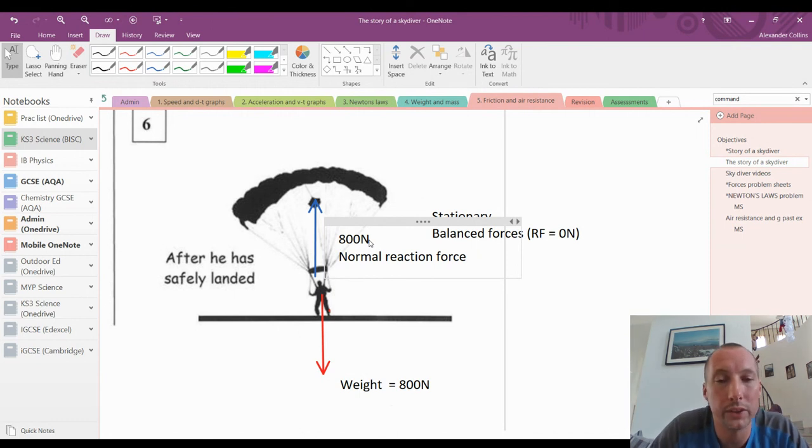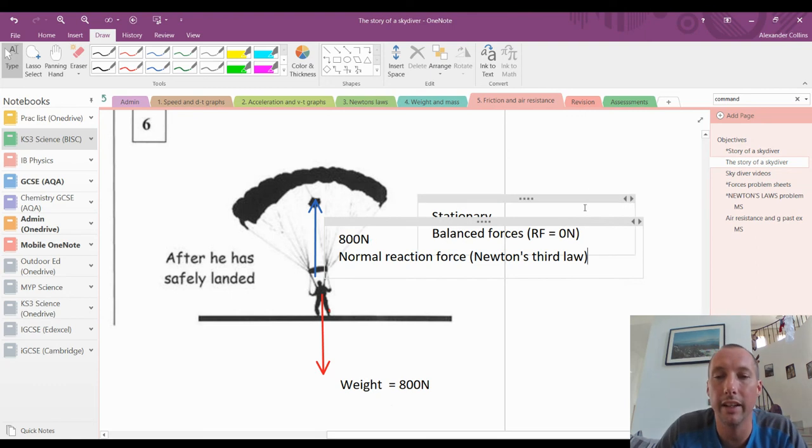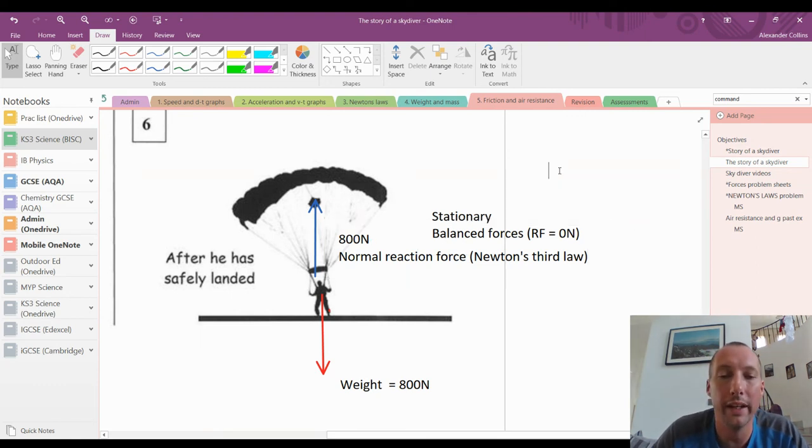His weight is pushing down on the ground, and the ground is pushing back. So this is from Newton's third law of motion. Every action has an equal and opposite reaction. The weight pushing on the ground is the action force. The ground pushing back on the person is the reaction force. Okay, I hope that helped.